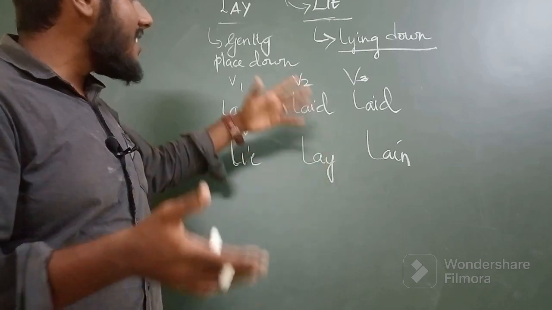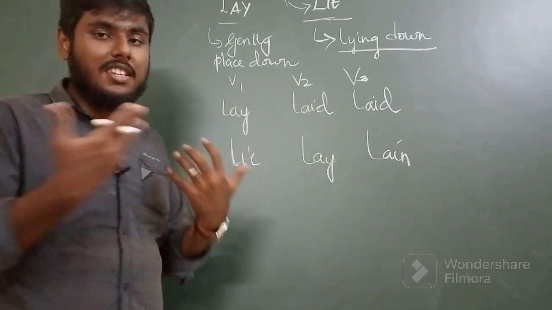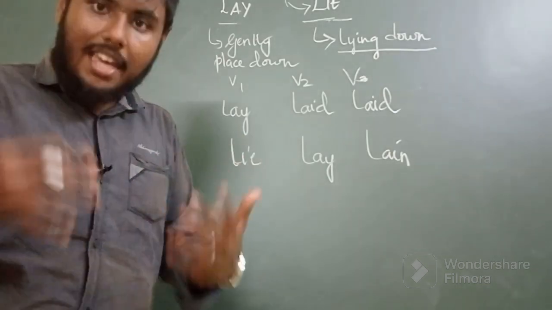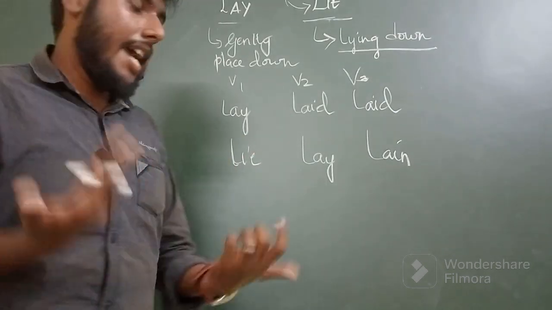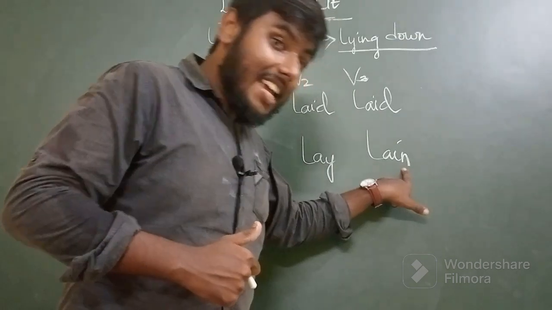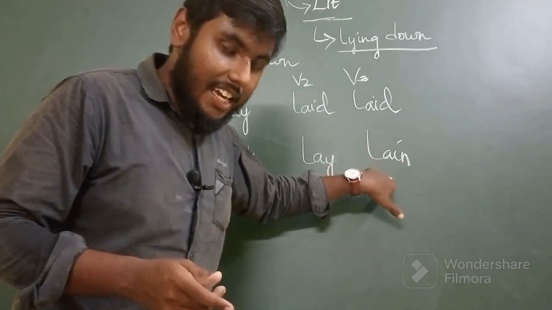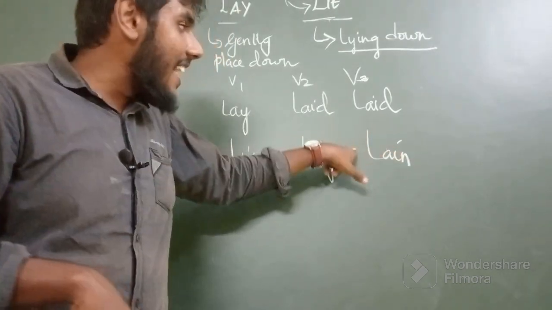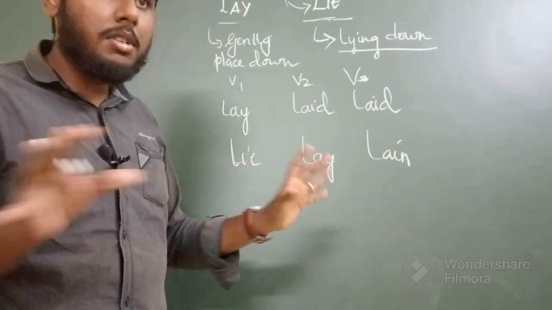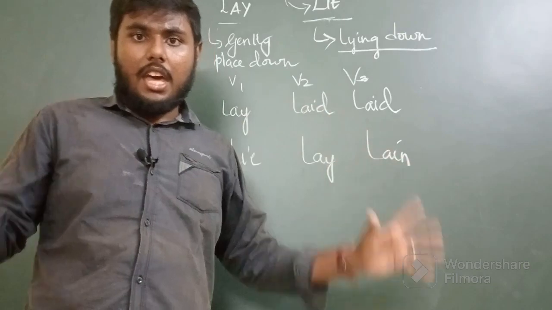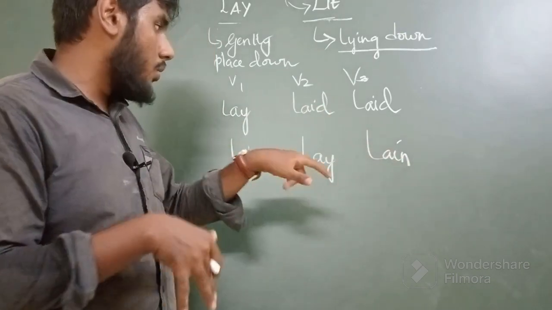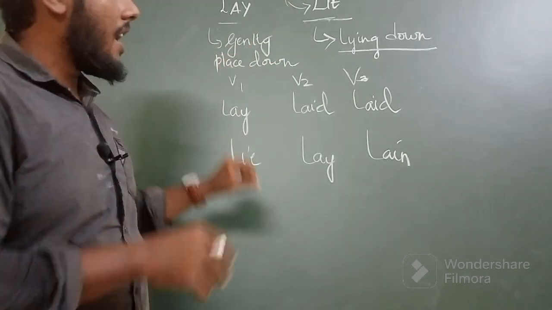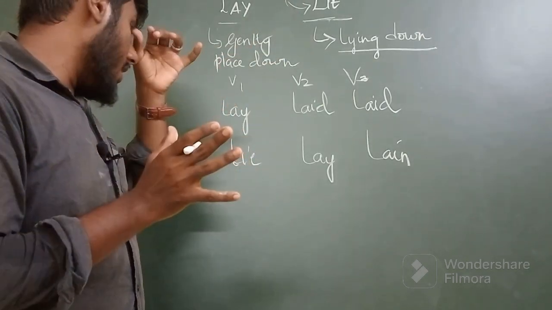I told you the main motive of these lectures is to get you rid of all the common mistakes that you've been making over and over again. So in place of lain, you mistakenly use laid. That's one of the most common mistakes that we make. So you need to really catch hold of all these verb forms of these two base verbs. Okay, fine. I guess that's clear for you.